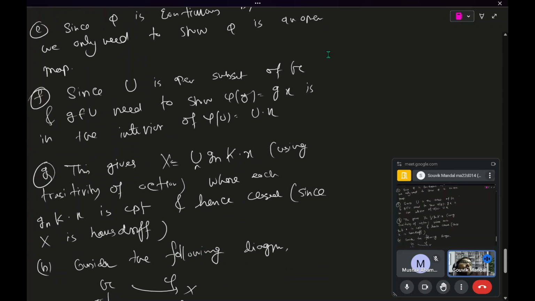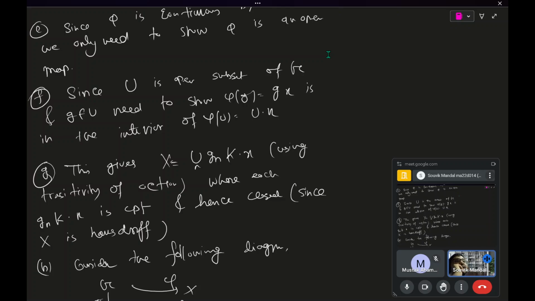Since U is an open subset of G and g belongs to U, we need to show phi(g) is an interior point of phi(U). This gives that X equals the union of g_n K x, where each g_n K is compact and hence closed.